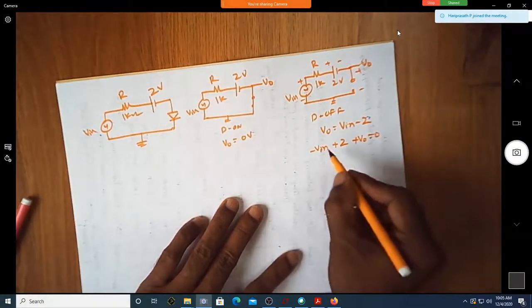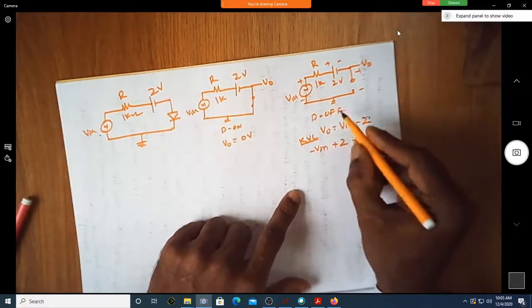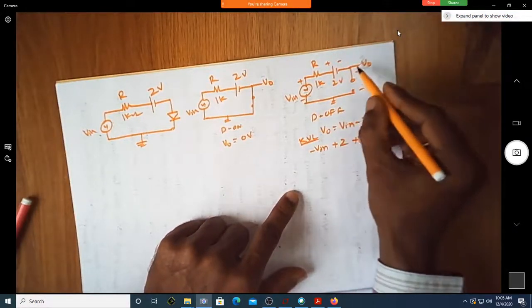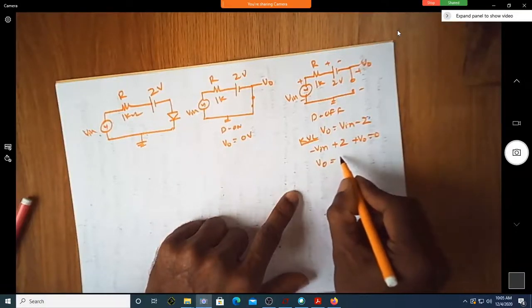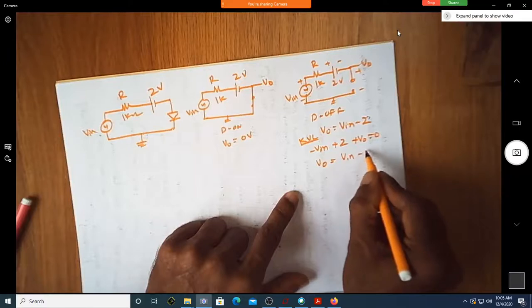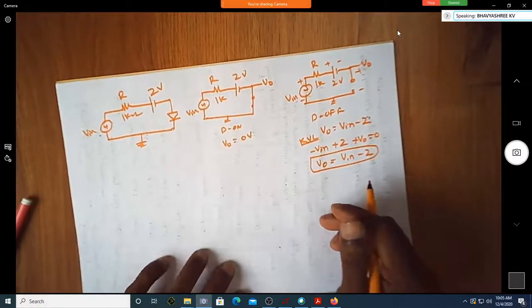This is your KVL, Kirchhoff voltage law. Suppose you consider the voltage rise as negative, the voltage drop is positive, and again voltage drop is positive. So if you want to write V naught, is it not equal to V in minus 2? This is how you're getting it.